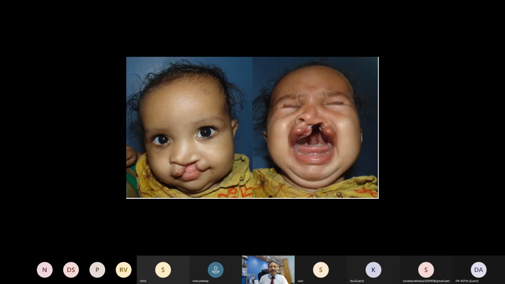But then there is a range of deformities, and I will show you in some of the pictures what can be the range. Before I come to unilateral, I will tell you what the common clefts are. There can be a complete cleft of the lip, alveolus, as well as palate that can be unilateral or bilateral.